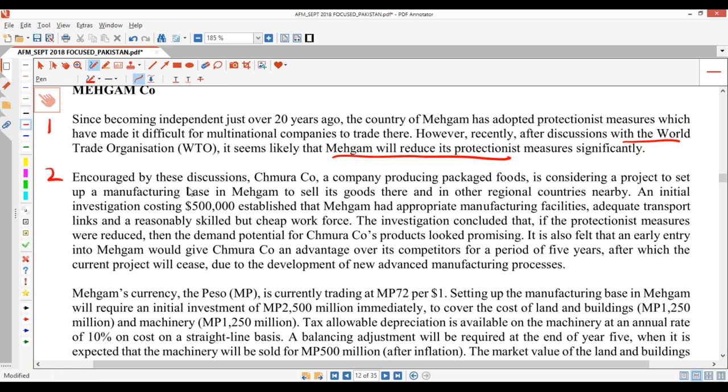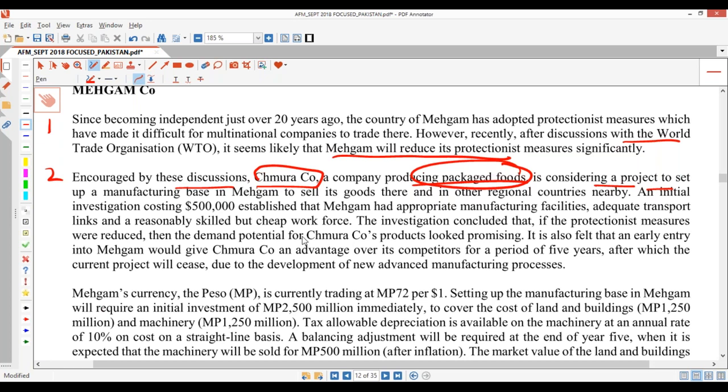Paragraph number 2: encouraged by this discussion, Komura, a company actually based in America, I think. They didn't say it here. Komura, a company producing packaging foods, is considering a project. When you're reading, you know there's some risk involved that you need to talk about.